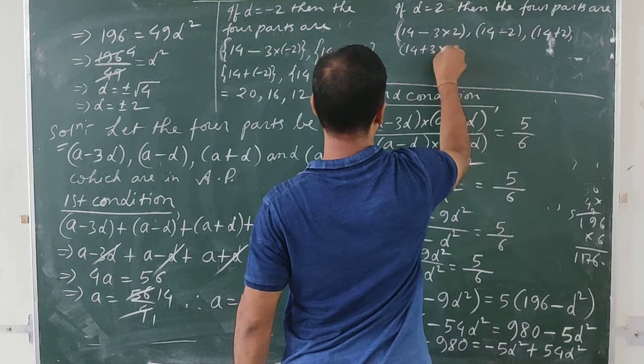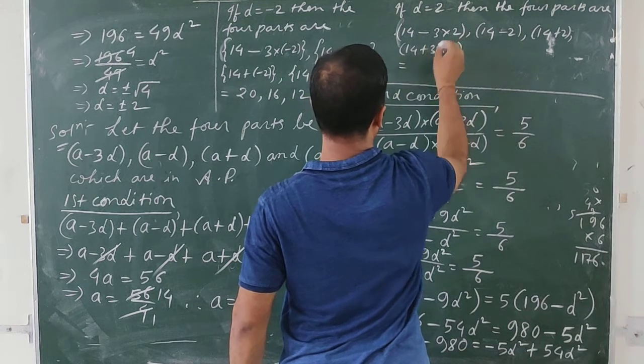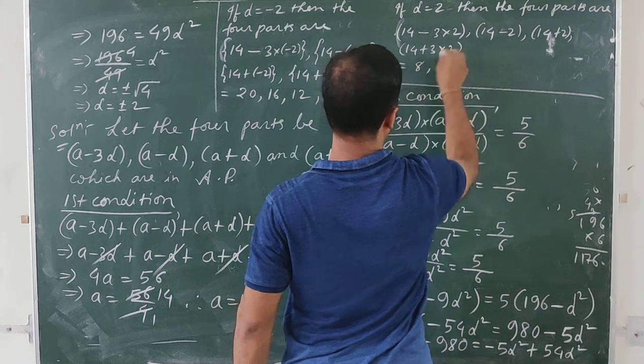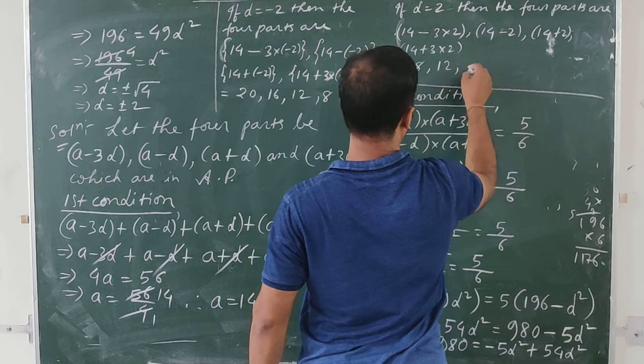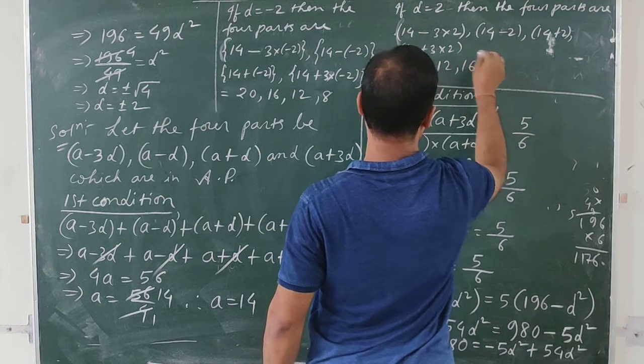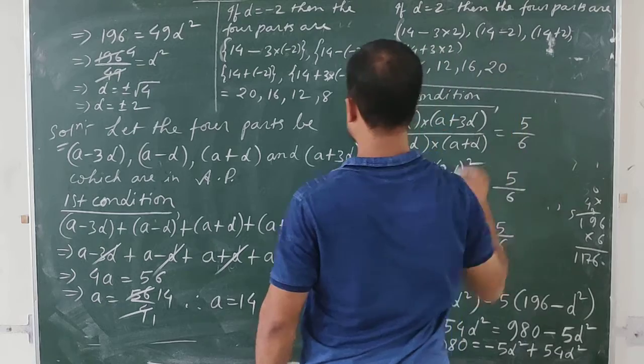That will be equal to 14 minus 6, which is 8, 14 minus 2, 12, 14 plus 2, 16, and 14 plus 6, 20.